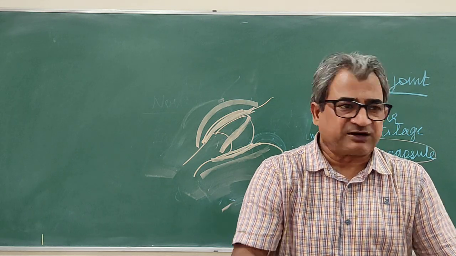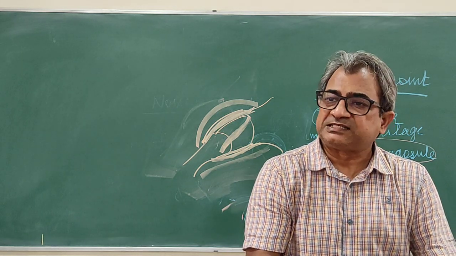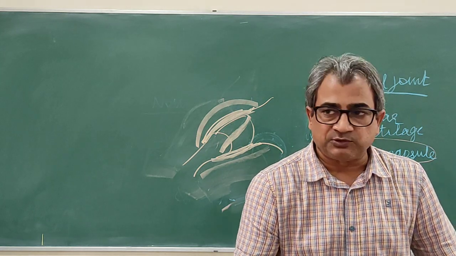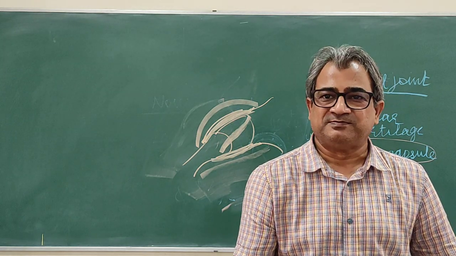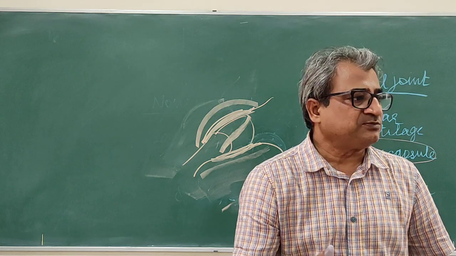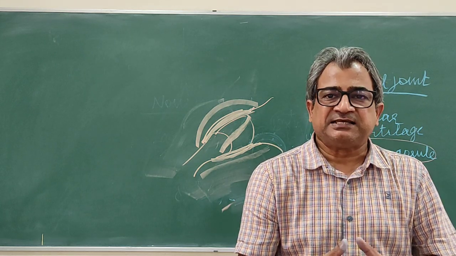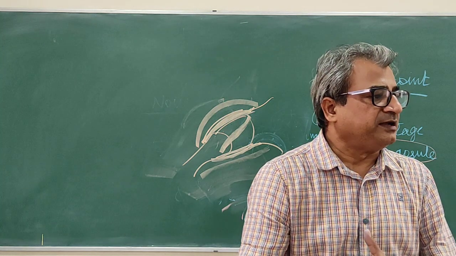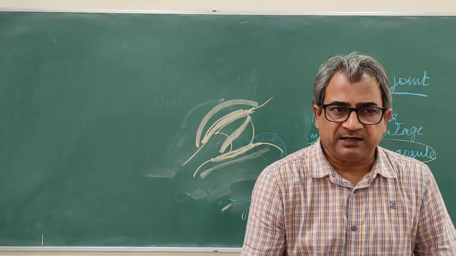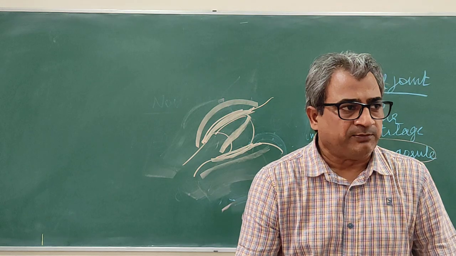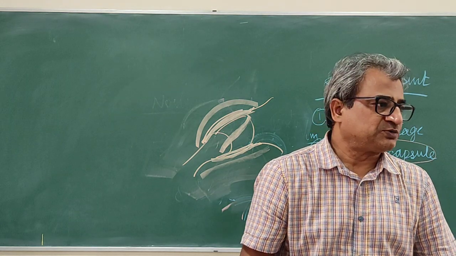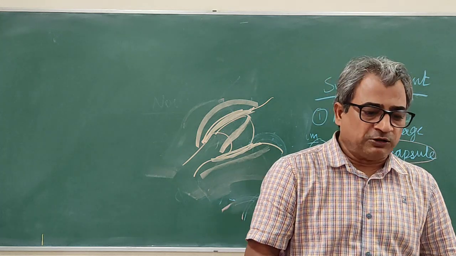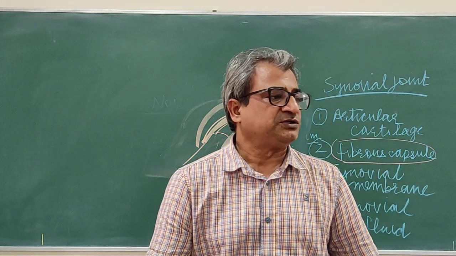The joint gets stretched, the ligaments get stretched, and in response to that, the muscles present around the ankle also undergo spasm, right? The spasm of the muscle is basically a defense mechanism against further stretching of the ligaments. So at a stage when the ligaments go beyond their limit, the muscles quickly undergo spasm. So the muscles present around the joint also form a mechanism which supports the joint.